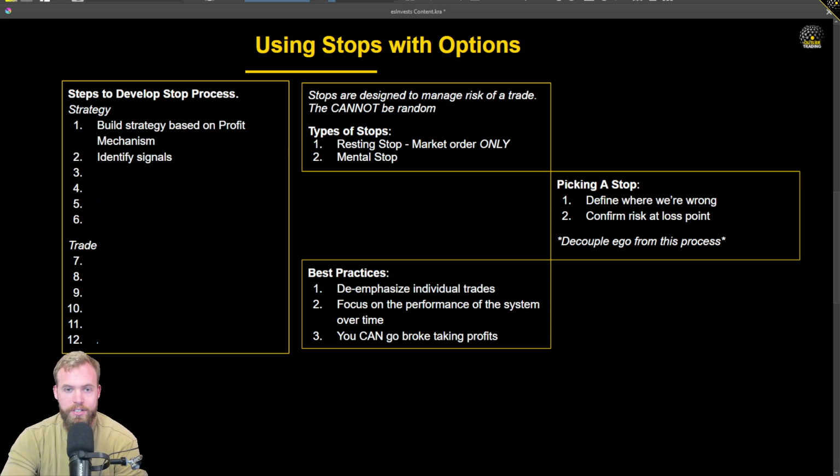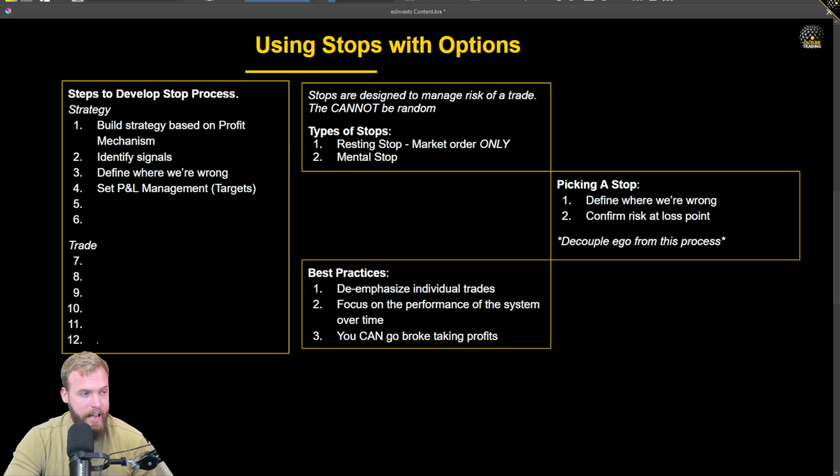Now, the signals, they just help us to identify where we are wrong. So again, for a breakout style approach, maybe we use standard technical analysis, and based on our technical analysis, we'd be able to pinpoint a spot where we are wrong. Then we've got to define that, quantify exactly where we're wrong, and then we set where we think we're going to manage both profit and loss targets.